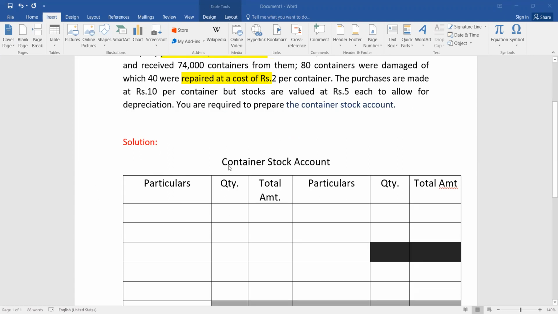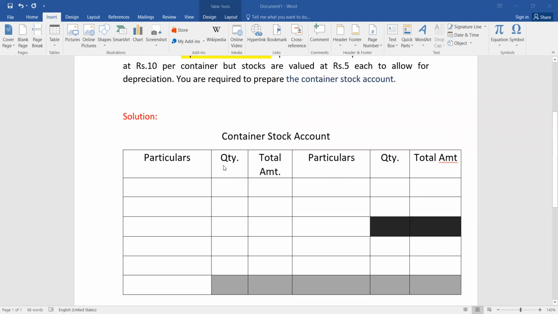So let's start preparing the container stock account. It is prepared in the form of a T format. To the debit side, we have particulars, quantity and total amount, and to the credit side also, particulars, quantity and amount.